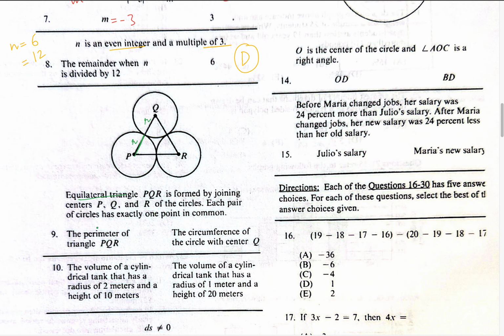If I have to find the perimeter of this entire triangle, I would say 6r, right? And if I have to find the circumference of the circle with center Q, that is the outer boundary, the formula for that is 2 pi r. So basically what we are comparing is 2 pi with 6, right?